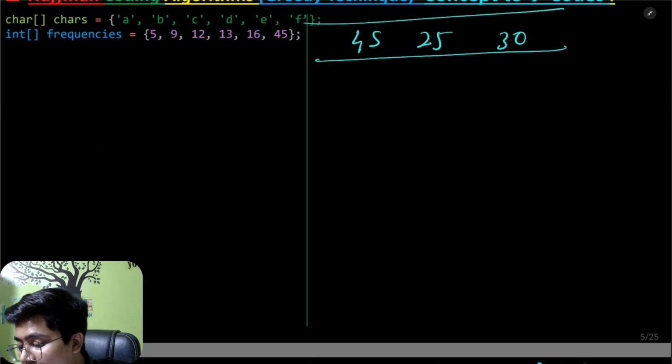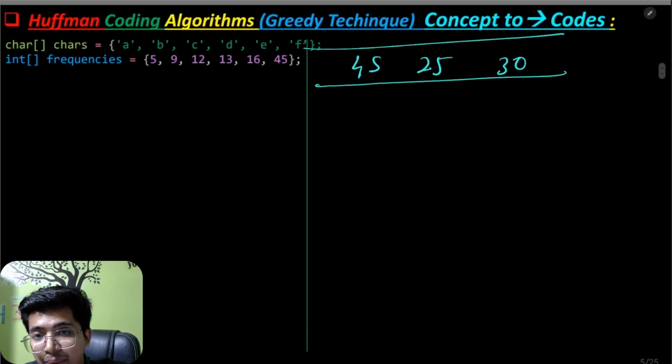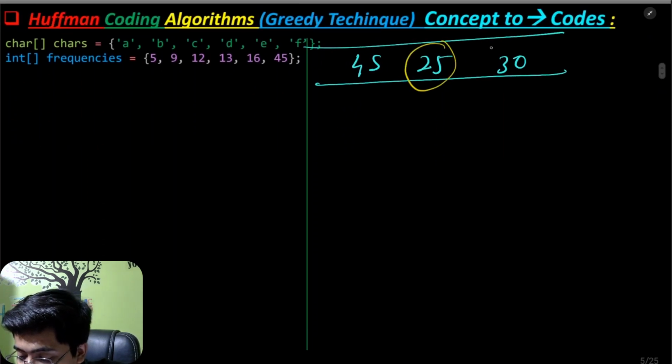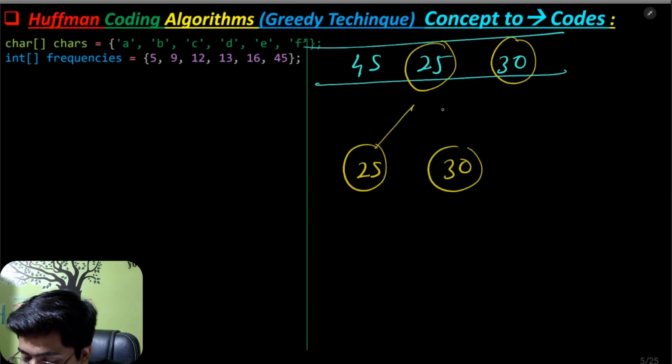The minimum two are 25 and 30. So 25 comes in the left portion and 30 comes in the right portion, and we again add them, and the addition becomes 55.